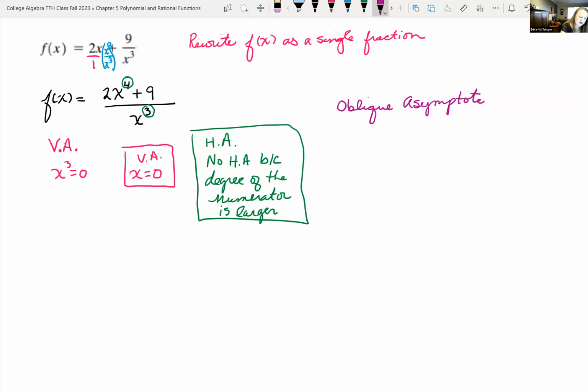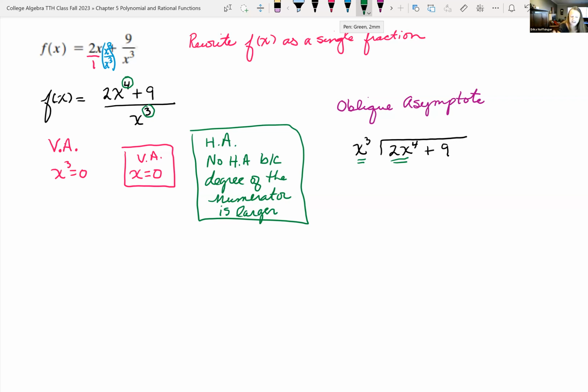And so we're going to take our denominator, x cubed, and we're going to divide it into our numerator, 2x to the fourth plus 9. So while you're doing this, you're thinking to yourself, what can I multiply x cubed by to get this first term underneath my division symbol, 2x to the fourth?